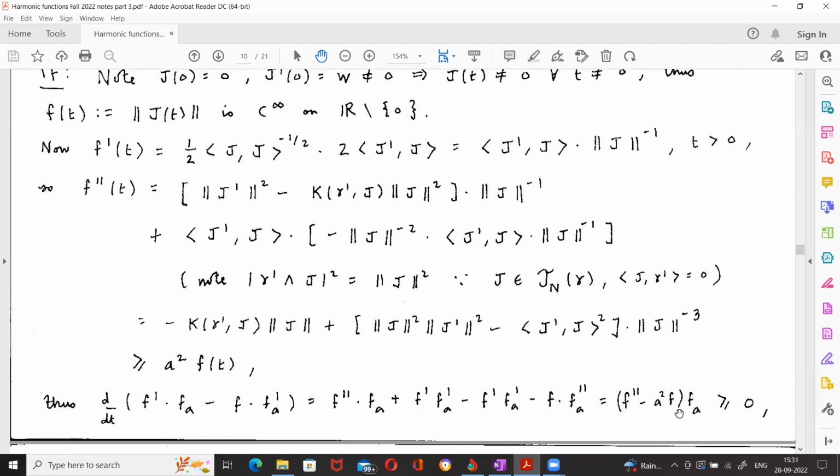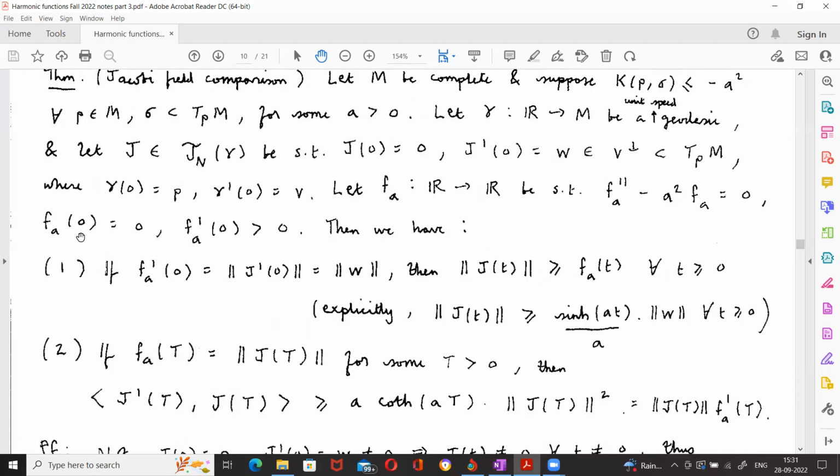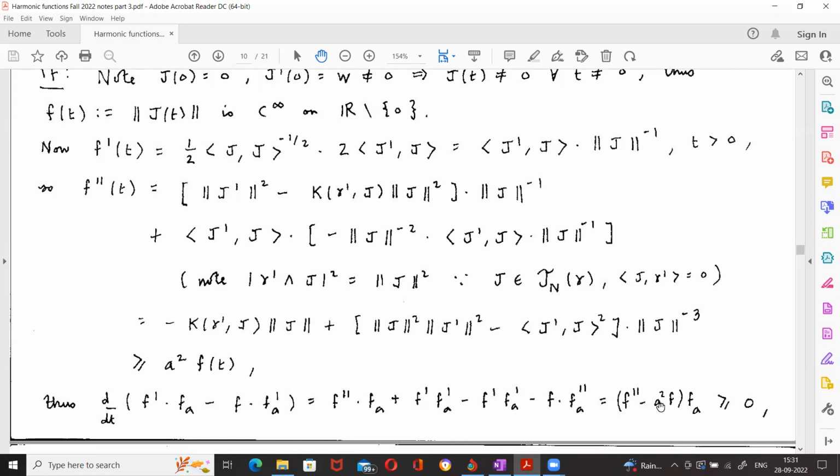And remember, our initial condition on fa was that fa of 0 is 0 and fa dashed 0 is positive. And fa satisfies this differential equation. So these initial conditions will imply that fa is positive for t positive, right? So therefore, this whole quantity, and this f double dash minus a squared f we've shown is greater than or equal to 0. Therefore, this product is greater than or equal to 0.